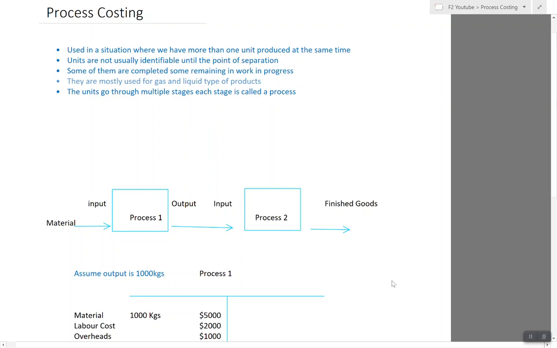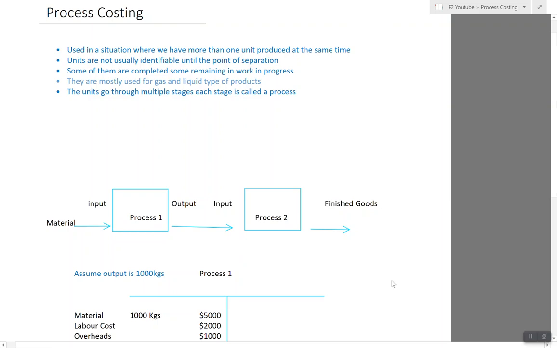Process costing is used in a situation where we are producing multiple units at the same time. It is mostly used for liquid and gas type of inventories. Usually, until the units are finished, until they go through these stages, they are not identifiable.